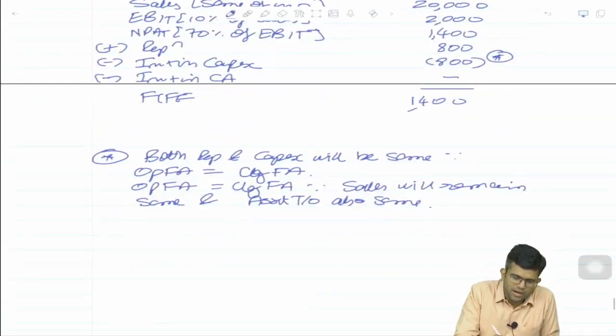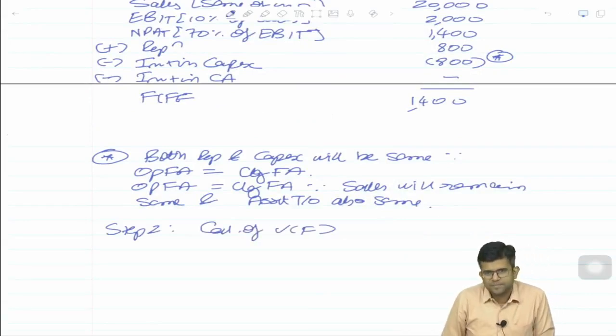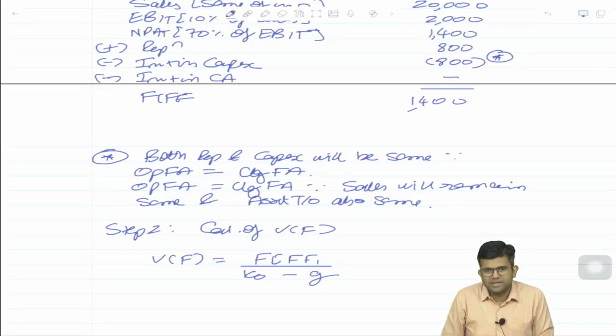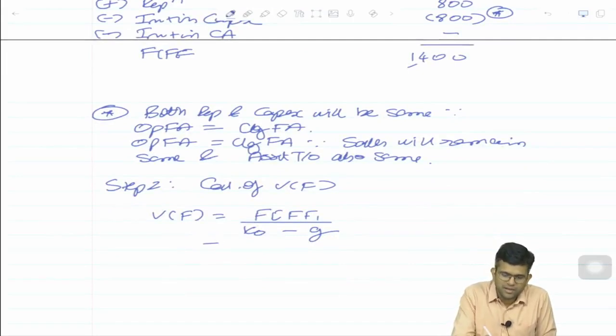All done? And now last step, step 2, calculation of V(F). Now students, there is no table to be made. I will simply do FCFF1 upon KO minus G, because I hope you realize there is no difference. Now this only is going to continue forever. No sales strategy change.